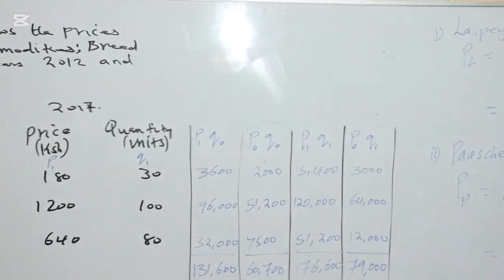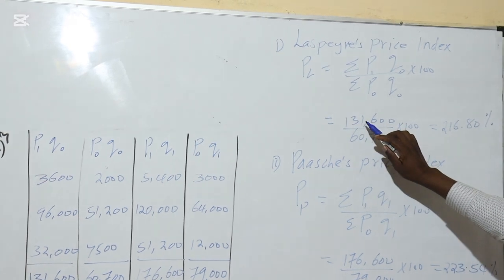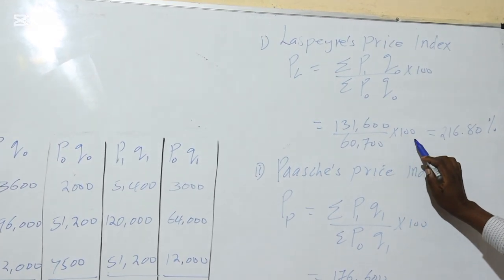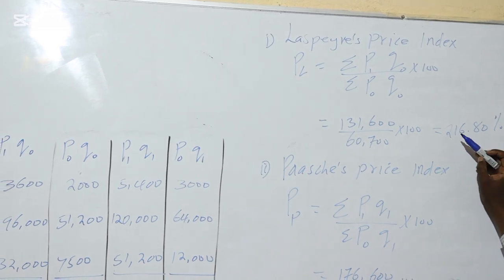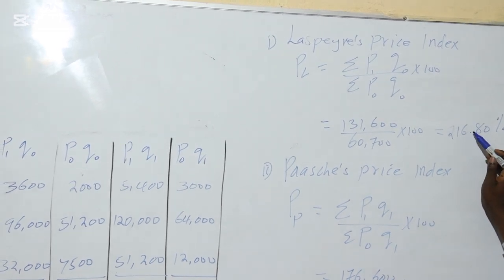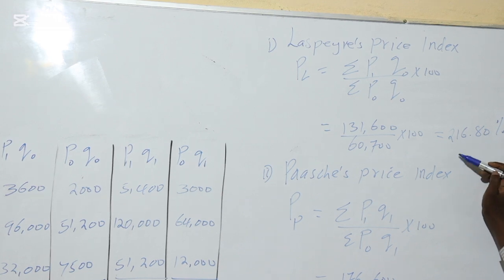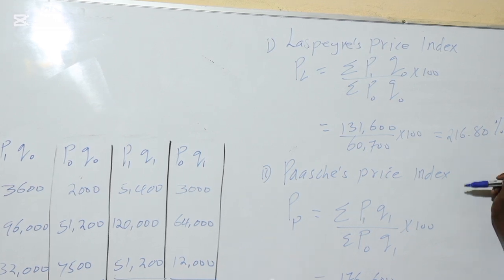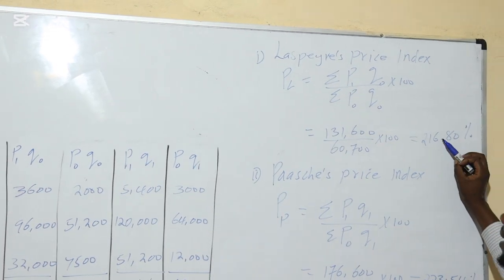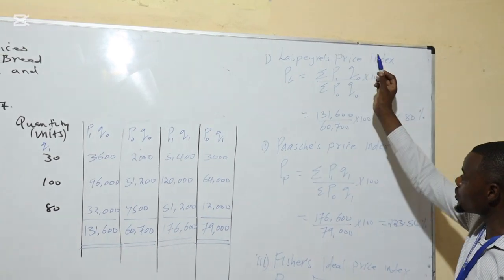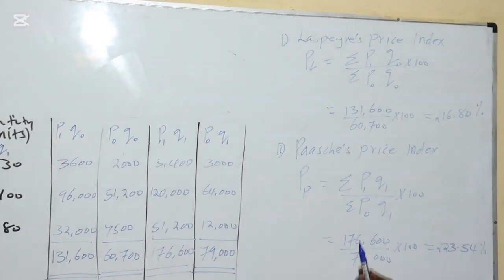So just substitute: 131,600 divided by 60,700 times 100. So the price index due to Laspeyres is 216.80. What does this mean? This means that the price of these commodities has increased by 116.80% according to Laspeyres.